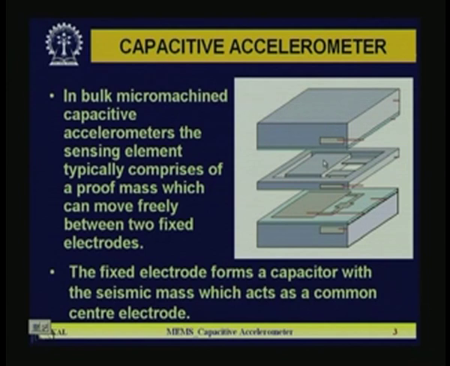So, this probe mass or seismic mass will move either up or down, and accordingly the capacitance between the seismic mass and the top electrode and bottom electrode will change. That change of capacitance will be the measure of your acceleration. That is the capacitive accelerometer principle which we are going to follow in this case study.